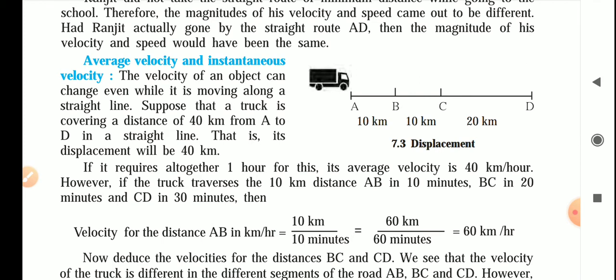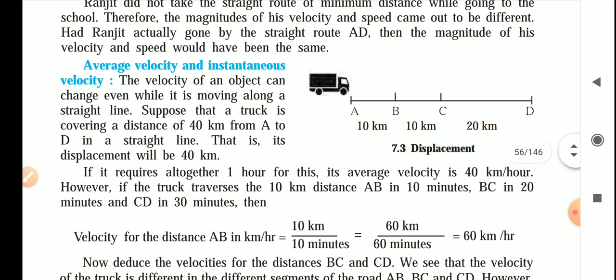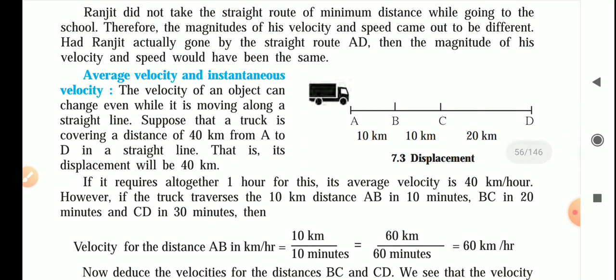These two concepts are very important. The velocity of an object can change even while it is moving along a straight line. Velocity might change because it depends on various factors. Suppose that a truck is covering a distance of 40 km from A to D in a straight line.